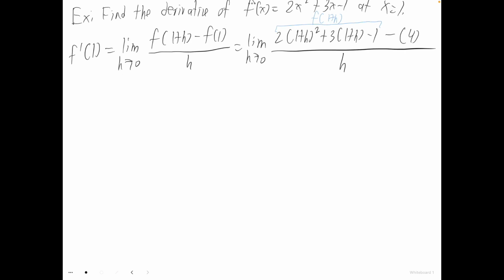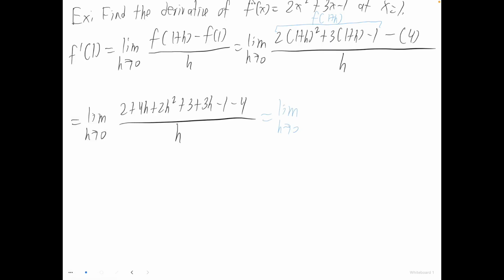So now we're going to multiply this expression out. We have the limit as h goes to 0, and this will be 2 plus 4h plus 2h squared plus 3h minus 1 minus 4, all divided by h. That's just from multiplying out the expression for f of 1 plus h. This is now the limit as h goes to 0 of 7h plus 2h squared, all divided by h. Pulling an h out, we have h times 7 plus 2h, divided by h.